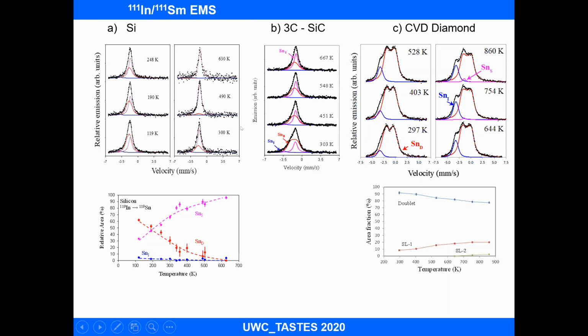And then here we go from 300 to 630K. And you can see gradually the damage component disappears when you get to 630K, and the indium ion is occupying a good substitutional site.